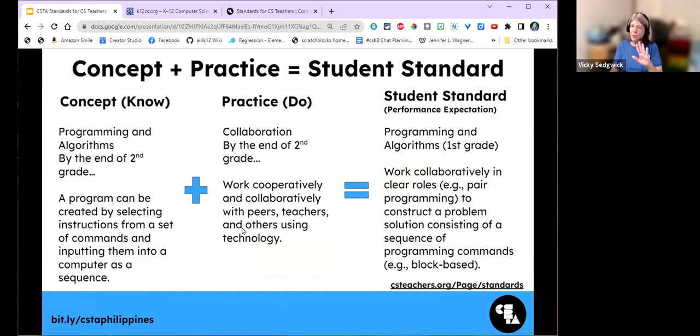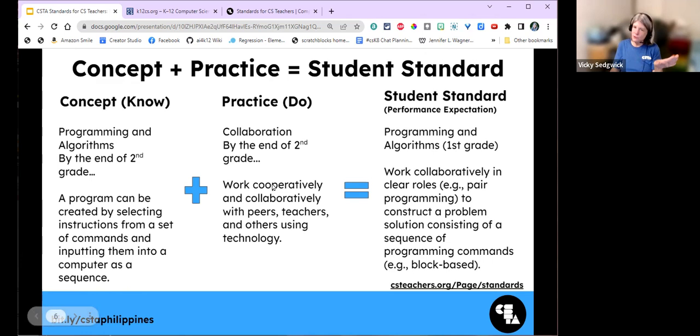If you look at the framework, you'll see that it says by the end of 2nd grade, students should be able to know that a program can be created by selecting instructions and putting them in the right order, right? And they should be able to perhaps collaborate with peers, right?